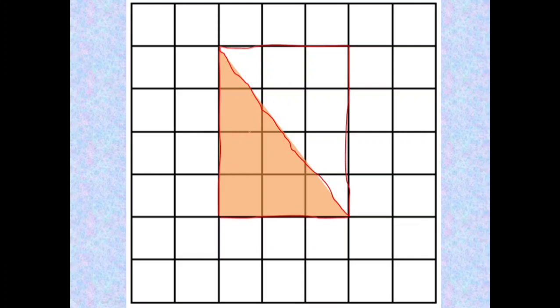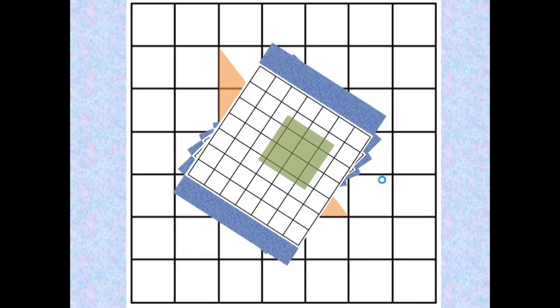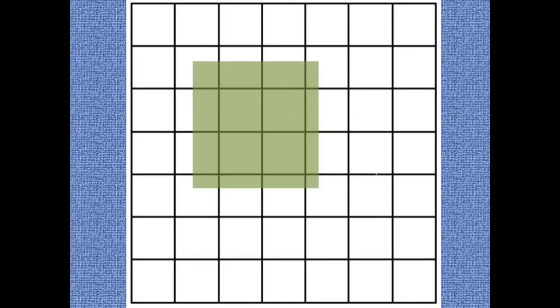So the area of this triangle is half of 12. That means 6 square centimeter. I hope you people have understood. So let's move to the next part, which is part B.